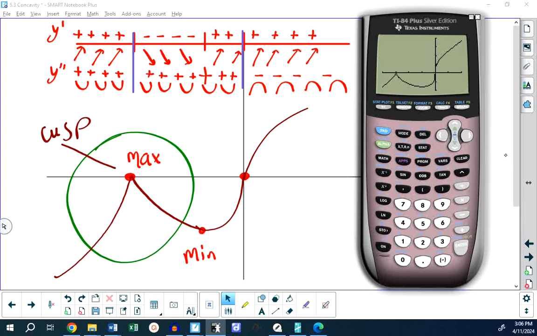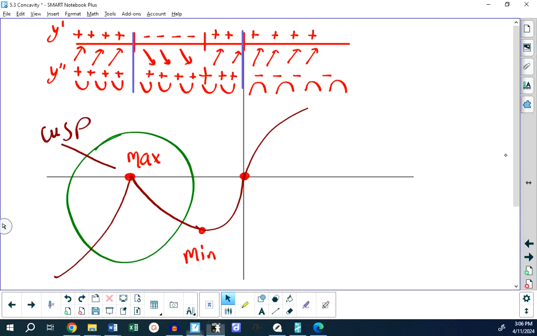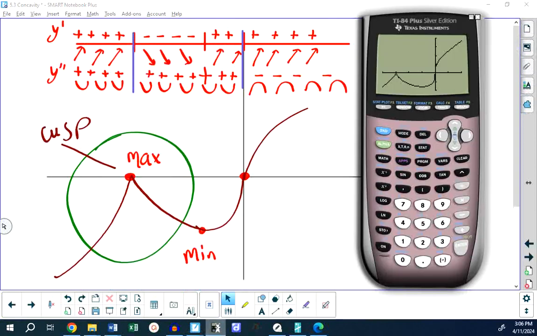I also want to show something to you with this. It looks as though the part of the graph surrounding the origin is on the y-axis, right? It's not. It's infinitely sloped at the origin, but everywhere else it's not.